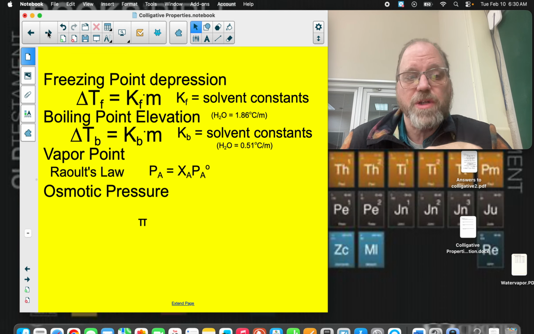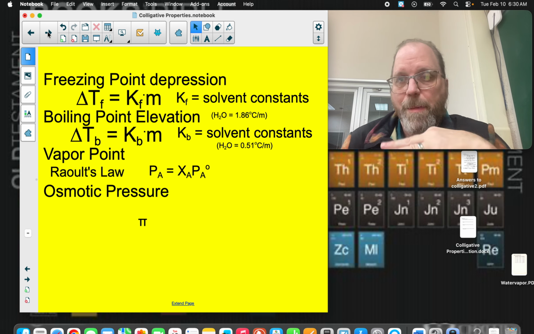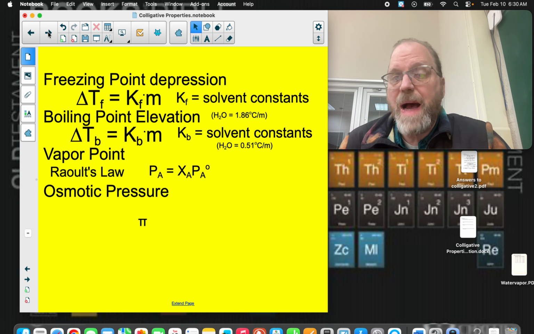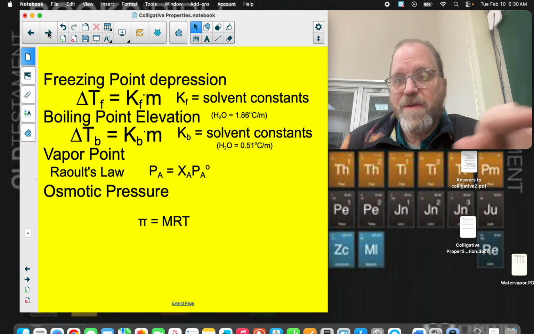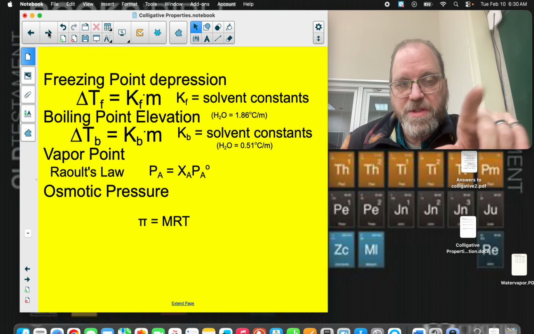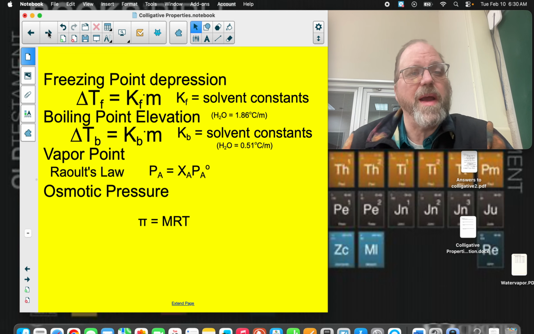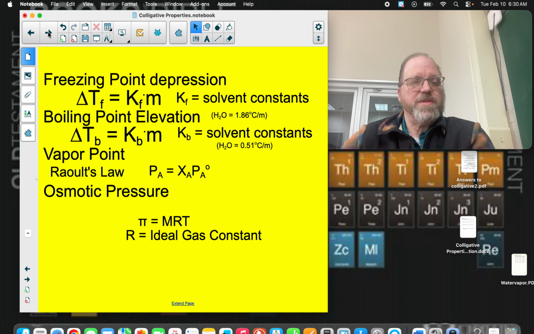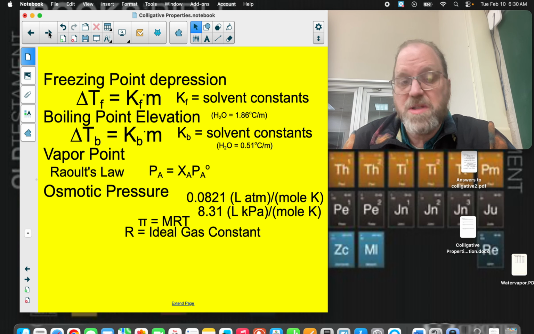And osmotic pressure, that's the amount of energy, pressure to move through a semipermeable membrane, is expressed as pi. Pi is equal to M times R times T. The way we do that, PV is nRT, n over V is molarity, so that's where we get M from. So osmotic pressure is molarity times the ideal gas law constant times temperature. All right, and the R is the gas constant.